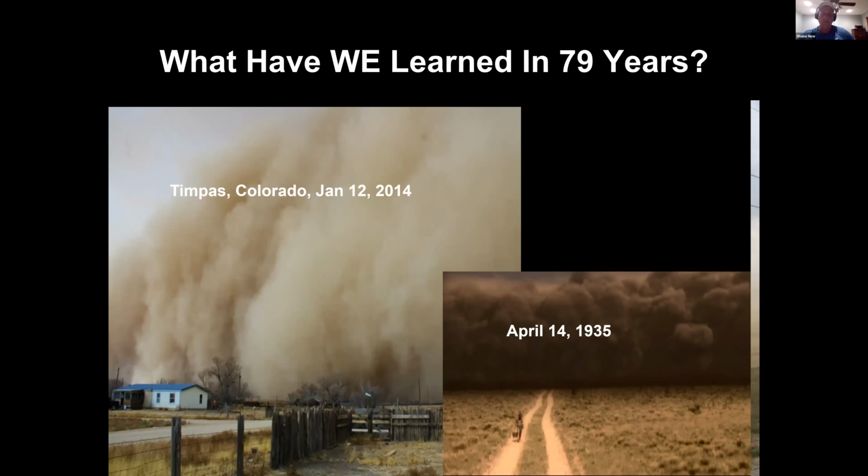Why is one darker? And why is the other one from 2014 a lighter color? What's missing is the carbon that was once within that soil, now is degraded. Now we're basically blowing particles of silt, sand, and clays. Before we were blowing those same particles, but with carbon attached to it.